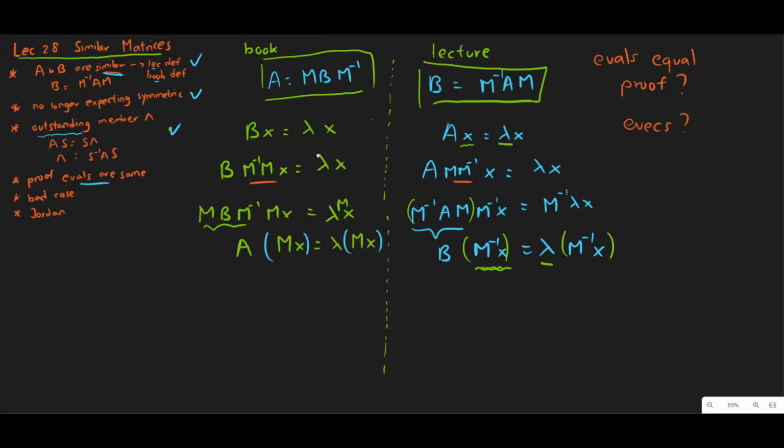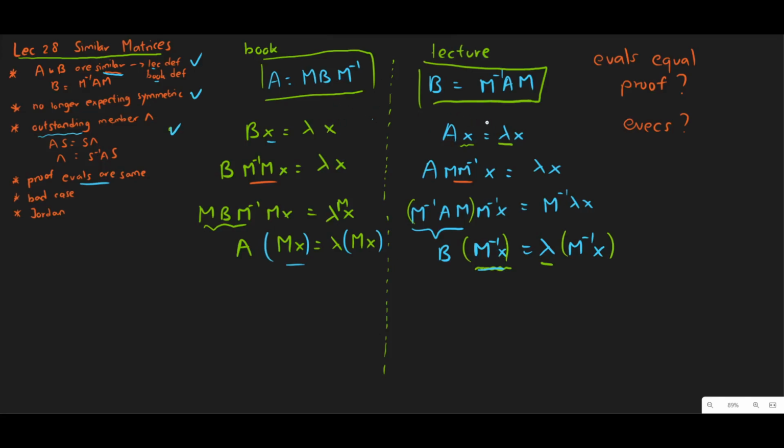Now if I put brackets there, then you can see again the lambda of B, if we're starting with B, is the same lambda as A, and again the eigenvector changes direction. And see why these two are different, the M x and M inverse x. Again, it's just a different starting point of where you start.